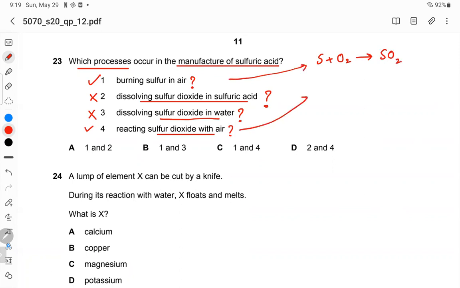And then sulfur dioxide reacts with further oxygen, and it is an equilibrium reaction to form sulfur trioxide. So these two are correct, and if these two are correct, then C is our correct answer. Yes, Zaid, Shafi, and Sarah, is it understandable? If anybody has any doubt, kindly ask. Yes, sir.